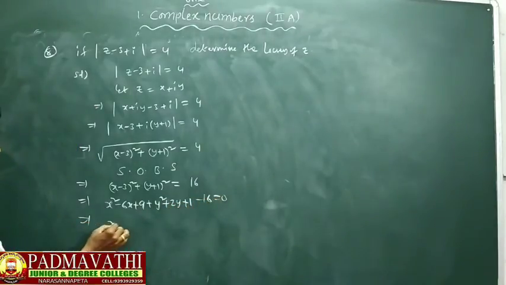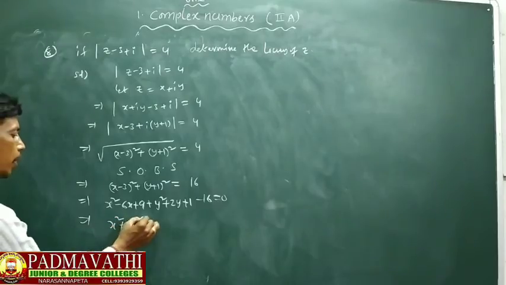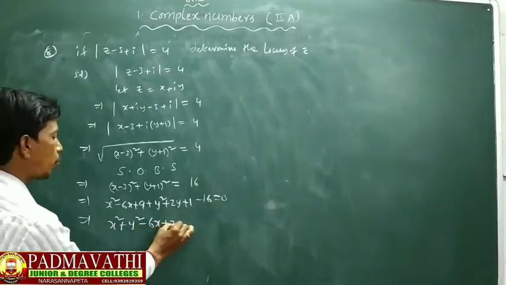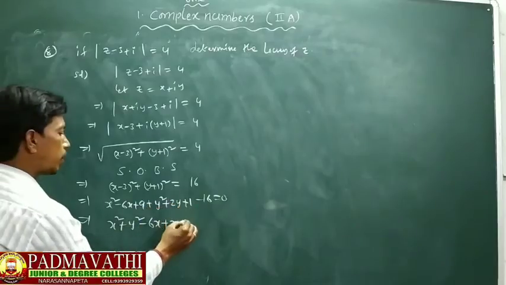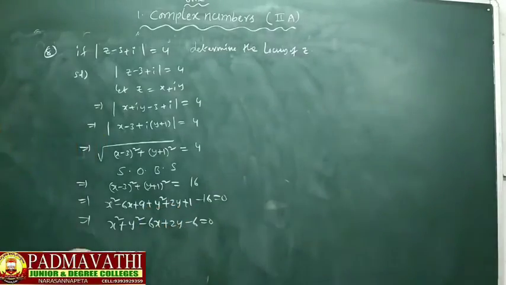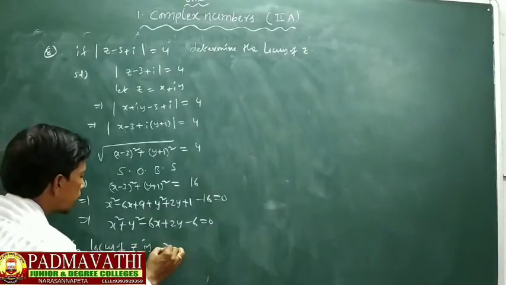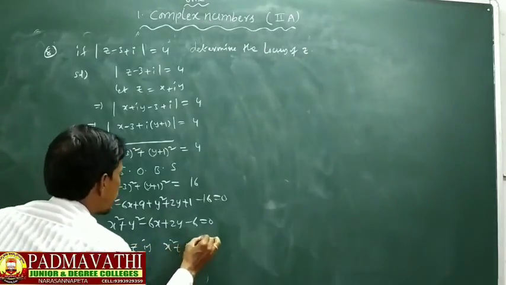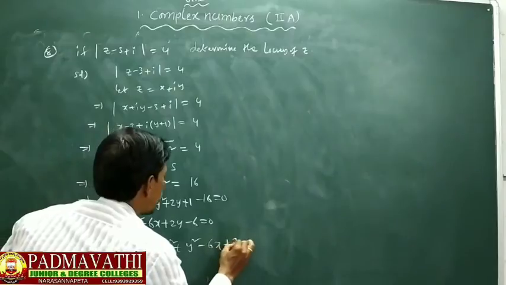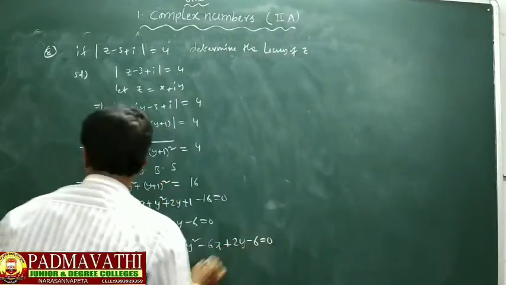That implies x² + y² − 6x + 2y − 6 = 0. That is the locus of z. Therefore the locus of z is x² + y² − 6x + 2y − 6 = 0.